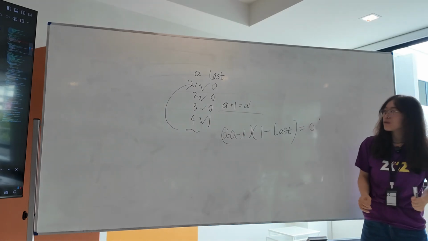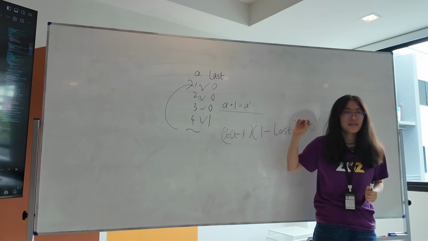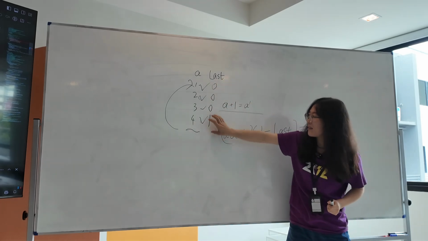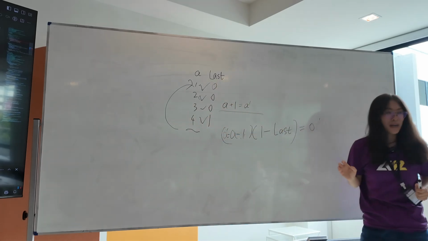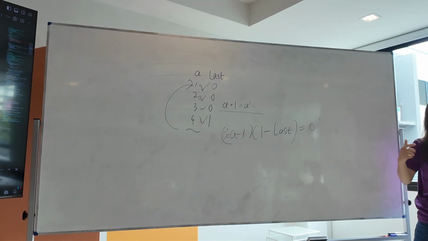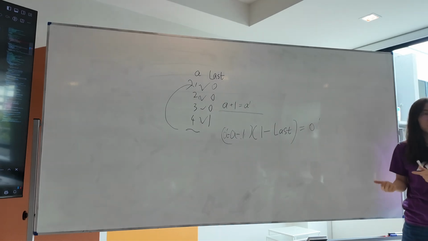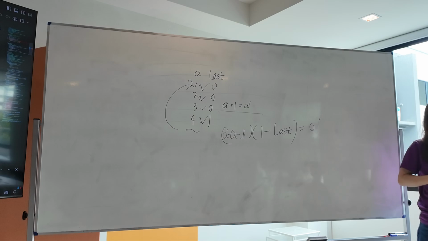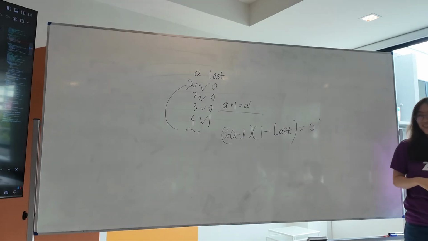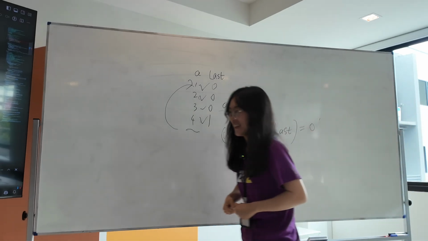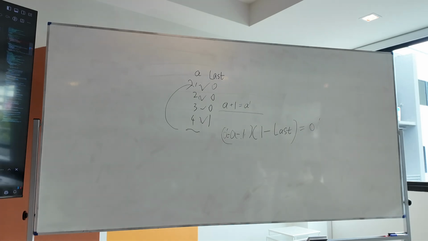But if I want to define something across several rows, like this one and this one, then it's better to use lookup, and you do kind of lookup table things. Yeah, so this is my conclusion. Yeah, I think I will stop here.